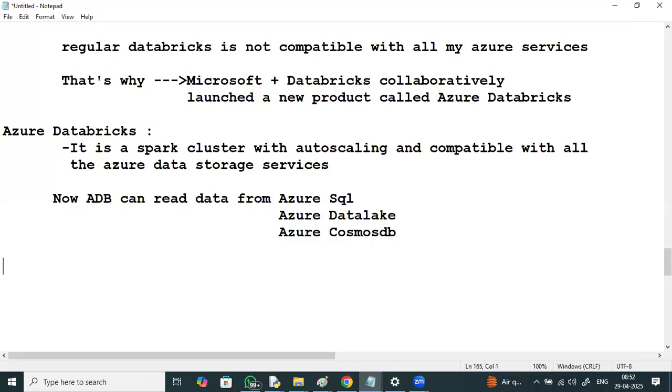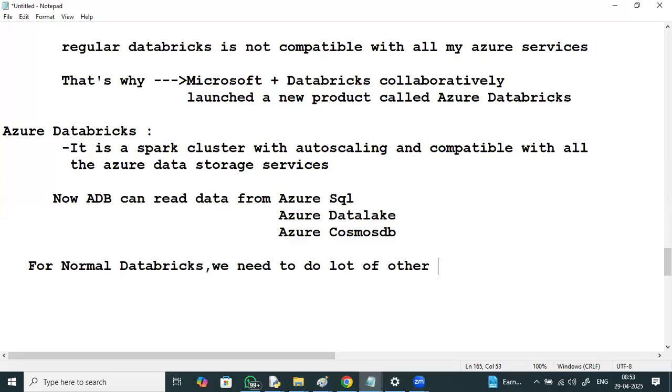For normal Databricks, we need to do a lot of other settings and call different APIs.